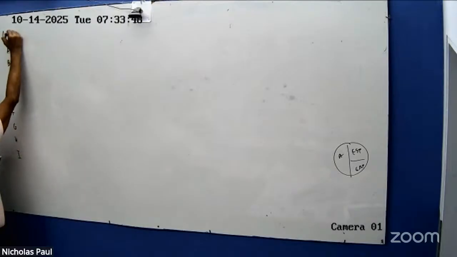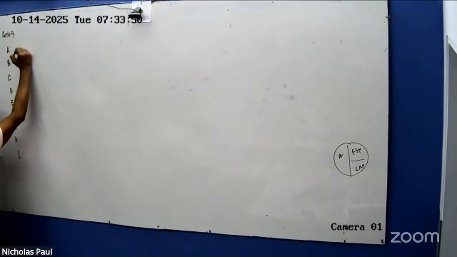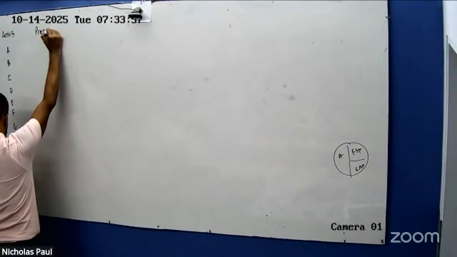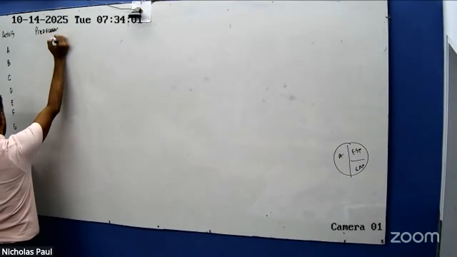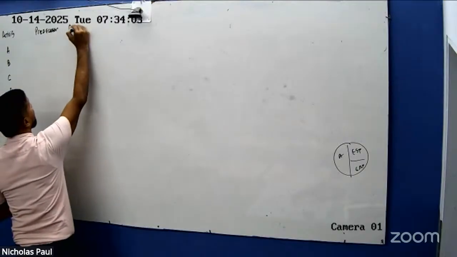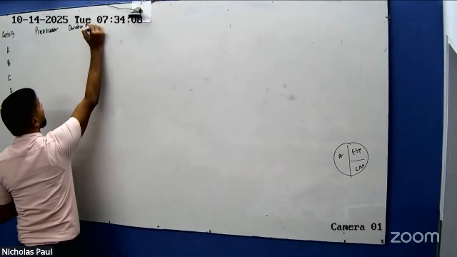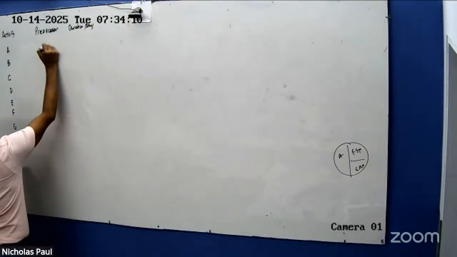So this is the activity. This is before it happens, so this is like a predecessor. And this is the duration in days. Nothing here.